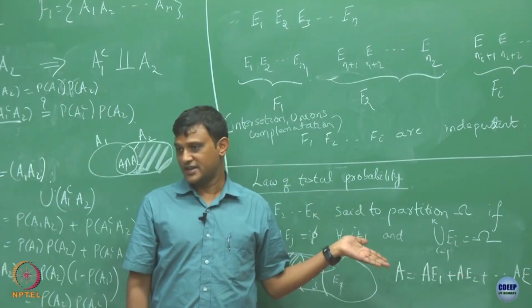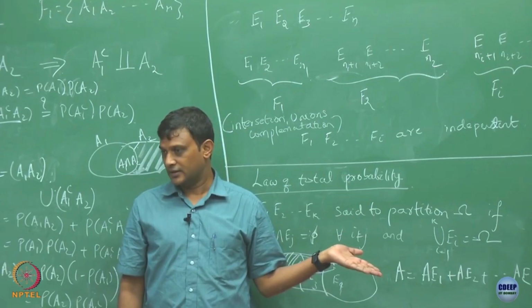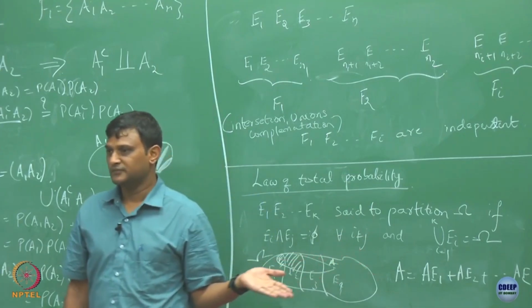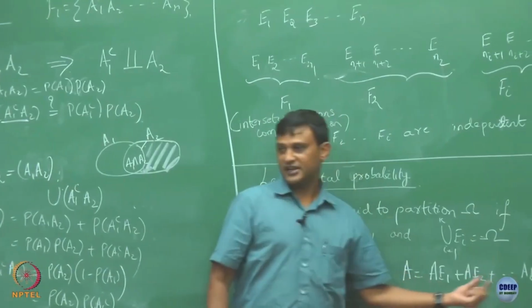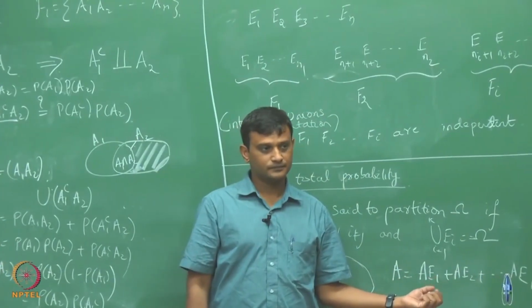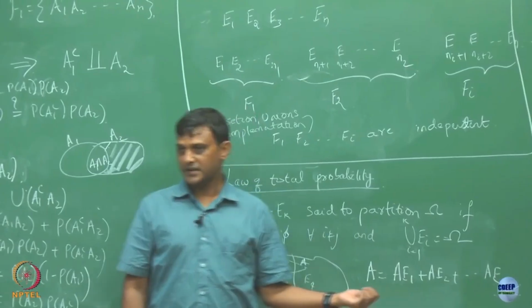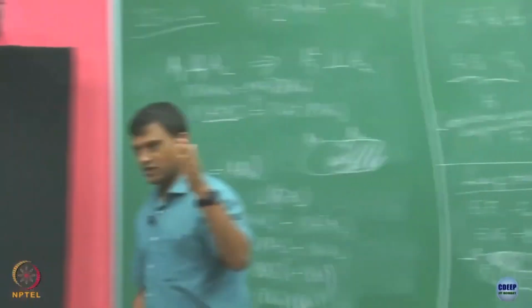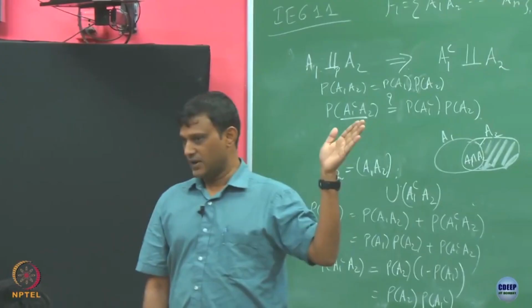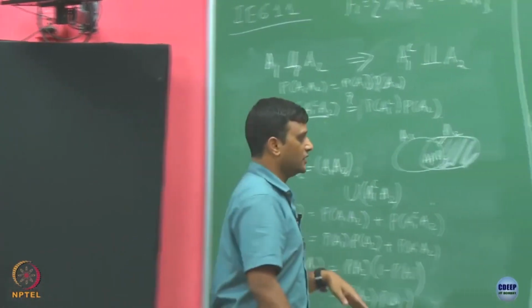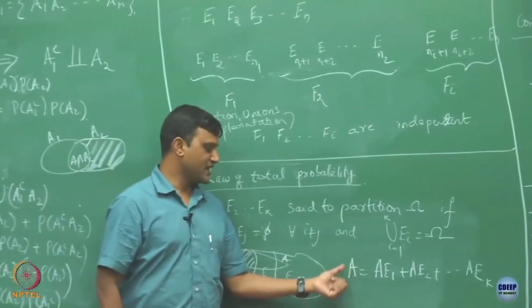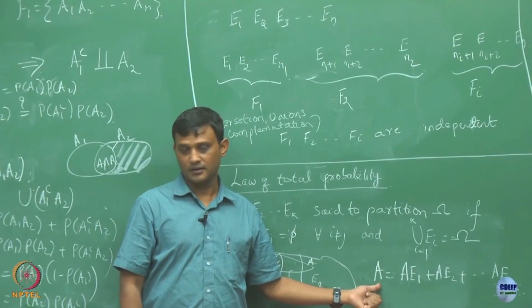If they are not disjoint, this is not necessarily correct. Now are these AE1, AE2 themselves disjoint? Right, because E1, E2 are disjoint, it is necessary that AE1, AE2, all the way up to AEk themselves are disjoint.